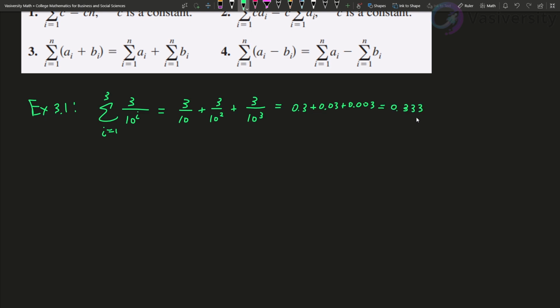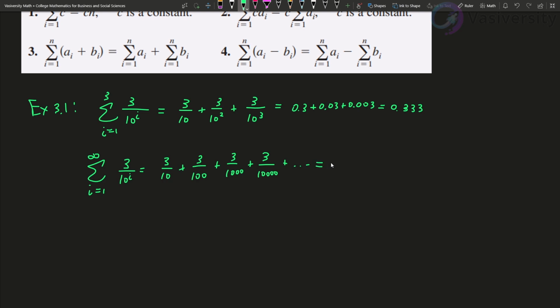Okay, now let's say we're going to do the same thing, but now instead of 3 terms, we're going to have an infinite amount, right? So for an infinite amount of terms of 3 over 10 to the i, it's going to be, as you can imagine, 3 over 10 plus 3 over 100 plus 3 over 1,000 plus 3 over 10,000 plus etc., until essentially infinity.